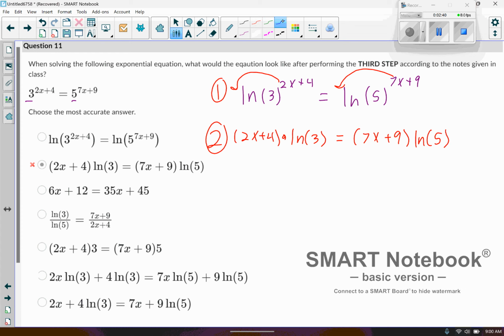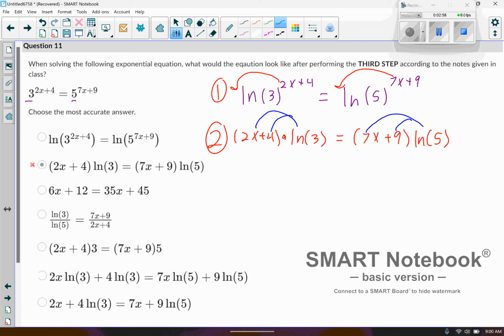So ultimately, I'm going to be trying to solve for x, and I have x appearing on both sides, but what I have to do here in my third step is go ahead and distribute the natural log to both parts of what was originally my exponent, that I moved out in front as a product.